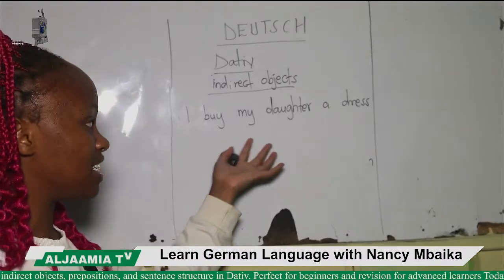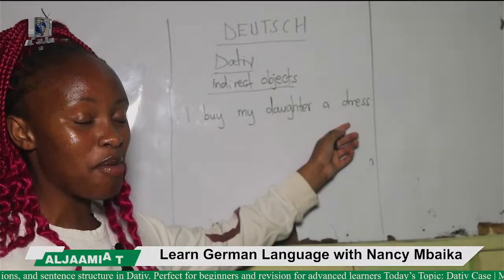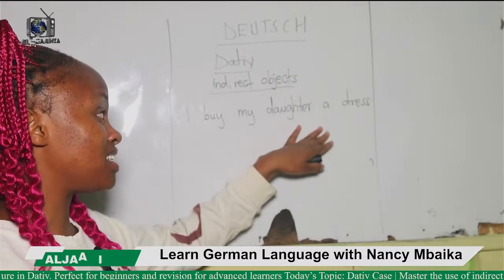One second, you can read this one. I buy my daughter a dress. I'm going to teach you how we are going to translate it into German. I buy my daughter a dress.